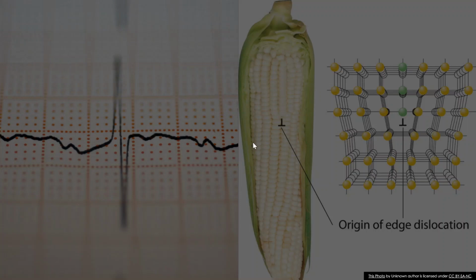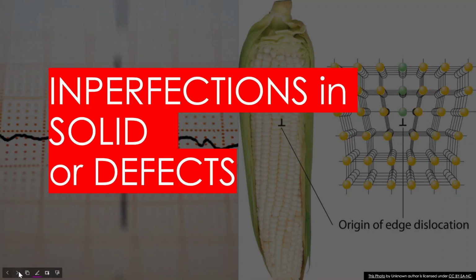This one. So what is this? This is a defect. Here you can see in this picture. So by this picture we can say that solids also have some defect. Yes, solids also have defects. That's why solids are formed in different shapes.